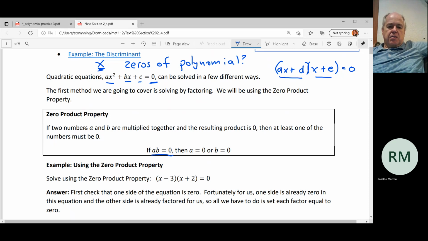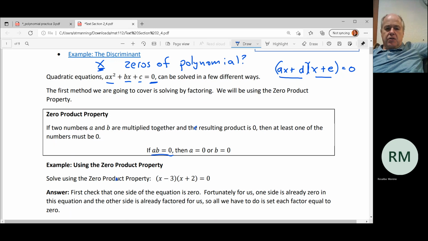When a hits 0 or when b hits 0, such as something like this. When this is 0, I know that the multiplication result will be 0. So I have two solutions when I have an x squared in there, because one side can be 0, and another solution is when the other side is equal to 0.